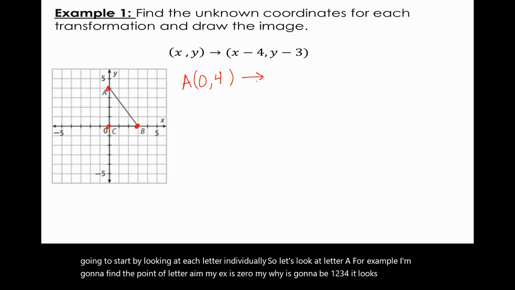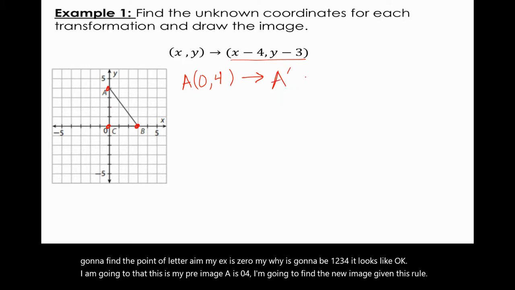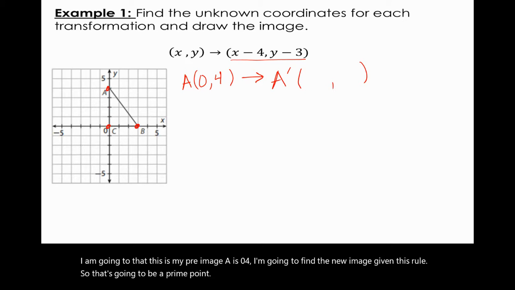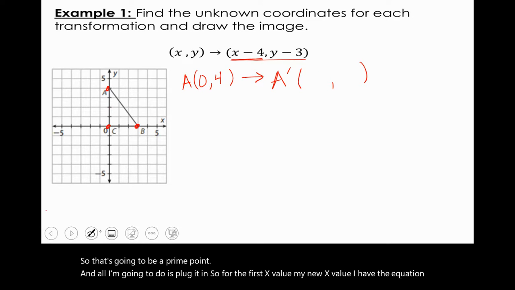This is my pre-image, A is 0, 4. I'm going to find the new image given this rule. So that's going to be my A prime point. And all I'm going to do is plug it in. For my new x value, I have the equation x minus 4.